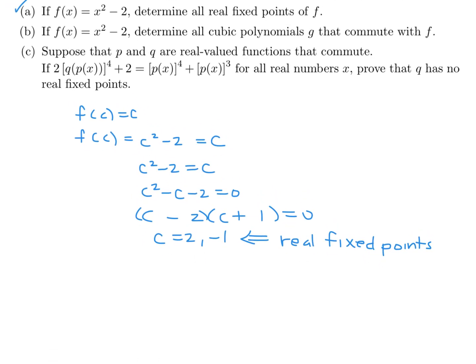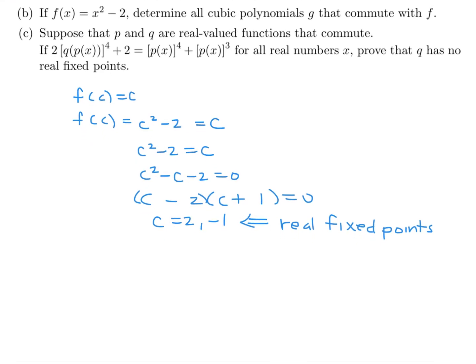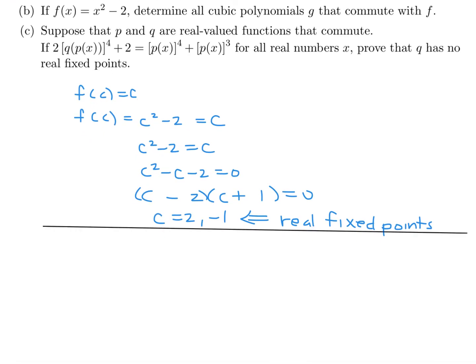Determine all cubic polynomials g that commute with f if f at x is equal to x squared minus 2. So by definition, the g and f functions commute if f at g at x is equal to g at f at x.